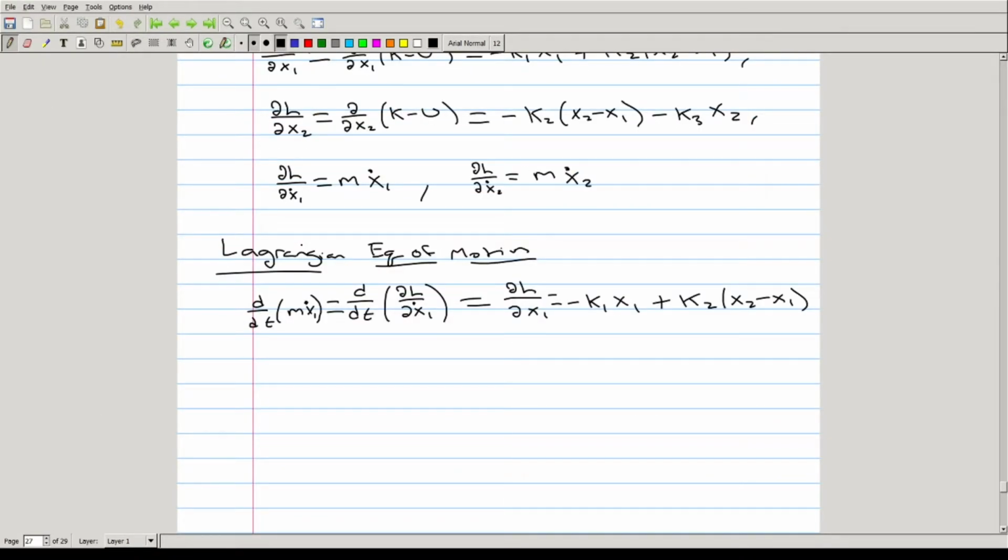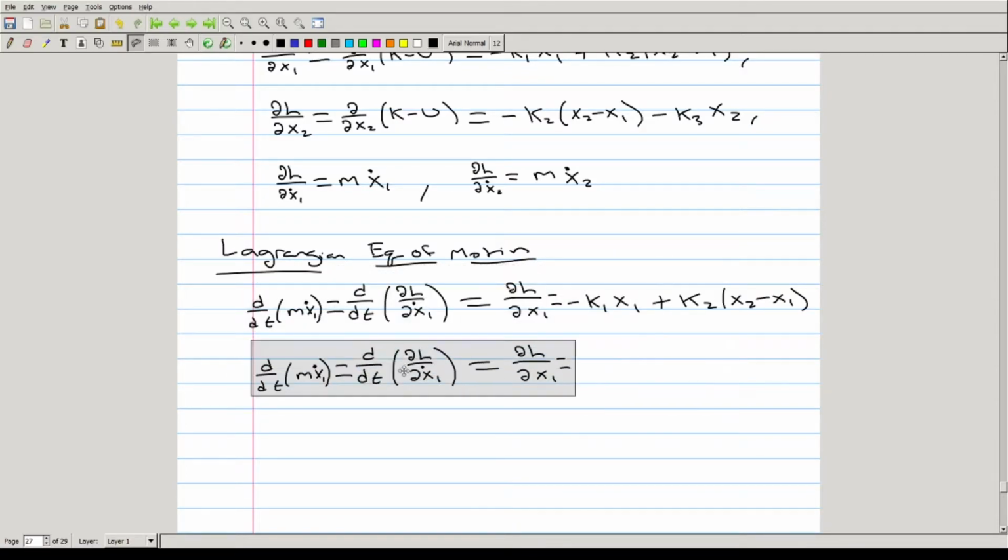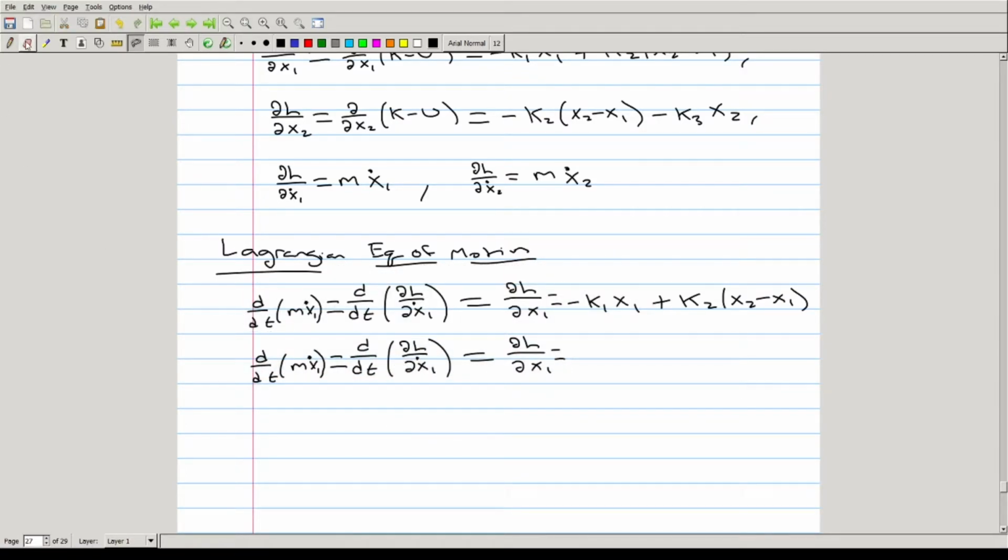And likewise, when we go through and apply this for x2 dot, we get a very similar result. This will be negative K2 times x2 minus x1 minus K3 x2.